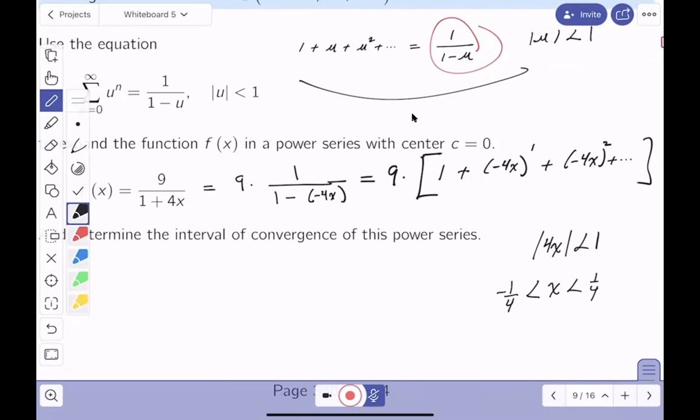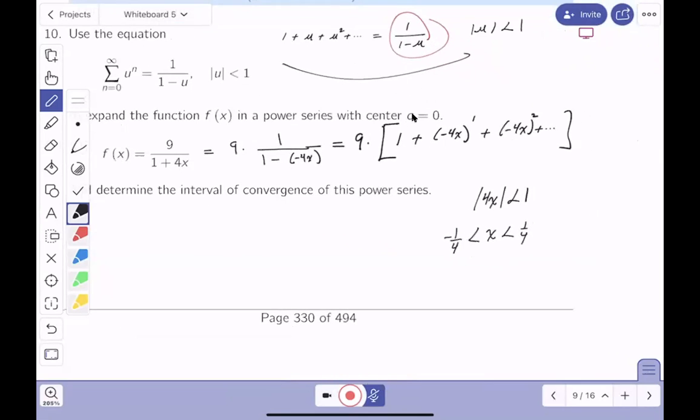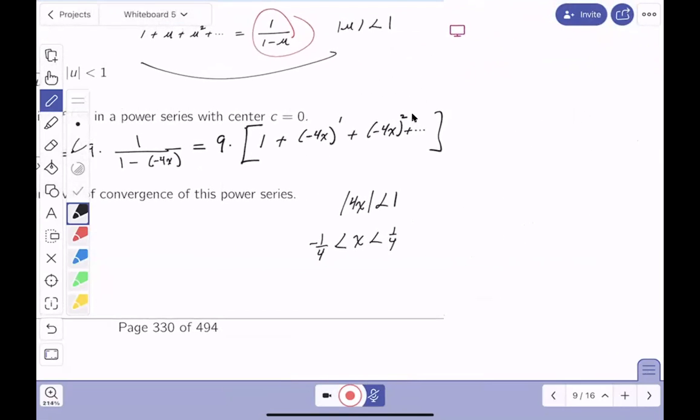All right. Now, they want me to write a power series down. And I sort of did, but I think our gold standard is, can we write it so it looks like a summation? And let's write this down. I'm going to put 9 times the sum from n equals 0 to infinity, and I'll write this over here, minus 4x to the n.